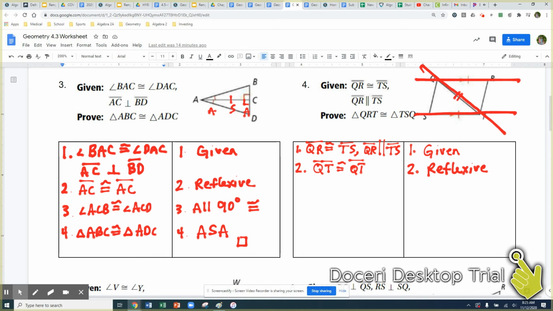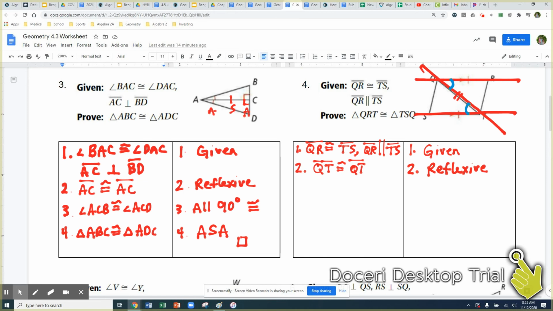Now, in those triangles, we've got alternate interior angles. I've got to be specific about which ones I choose. If I choose this one and this one, that's going to give me ASS. Can I use ASS to prove triangles? No, I can't. But if I choose between the two sides I know, that one and that one, now what do I have?